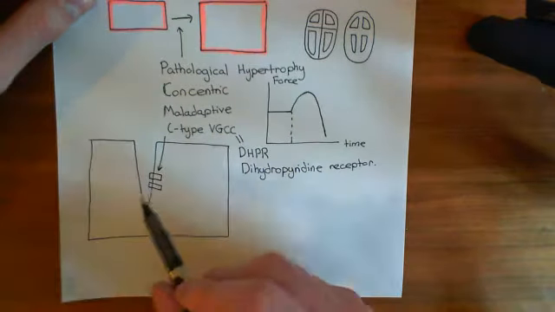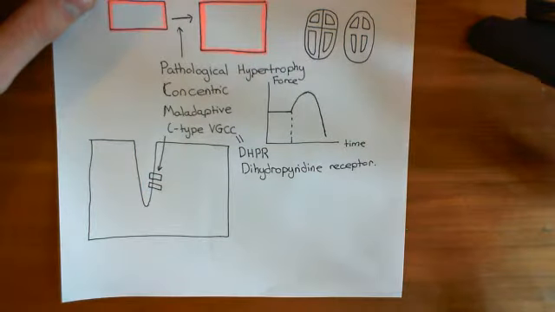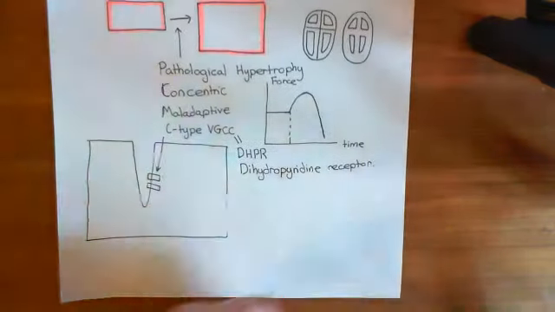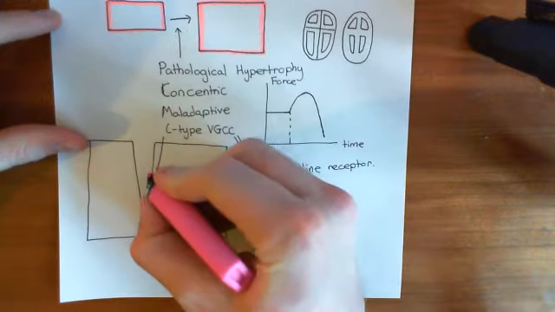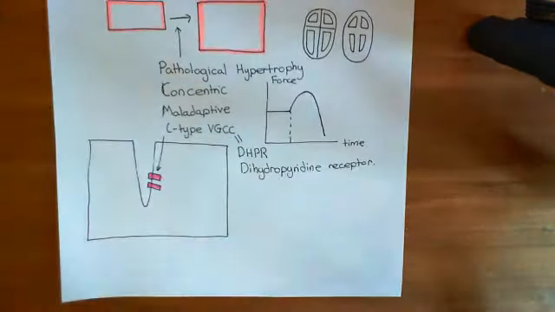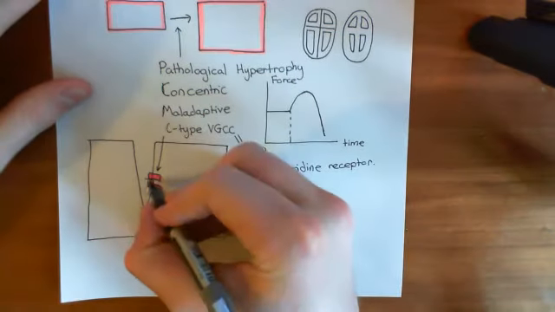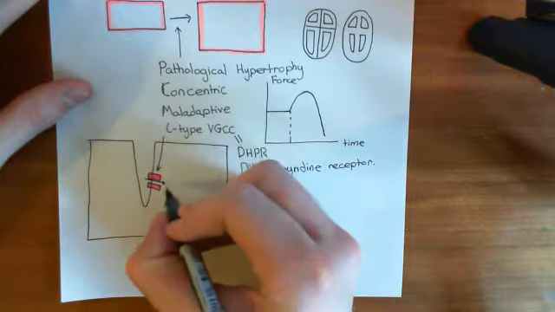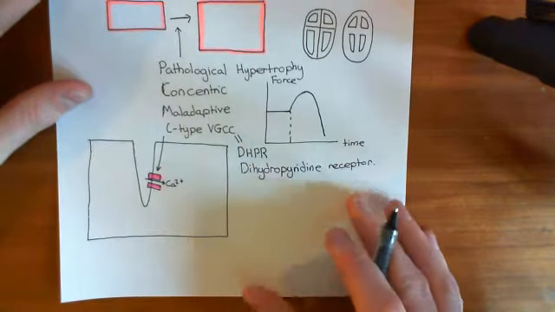When the action potential arrives at this portion of the membrane, it will result in depolarization of the electrical potential difference across that membrane, which is going to lead to the activation of this L-type voltage-gated calcium channel in pink here. The L-type voltage-gated calcium channel is going to open, and it will allow calcium to enter from the outside of the cell into the cytoplasm of the cell.